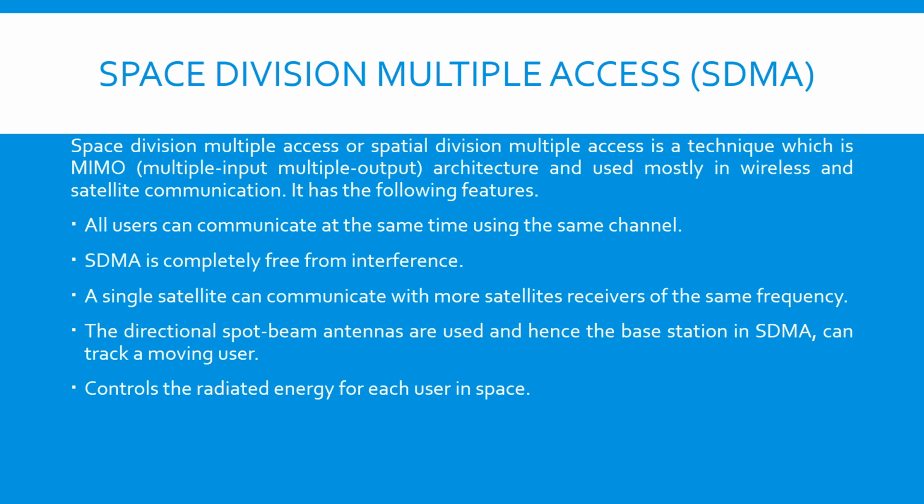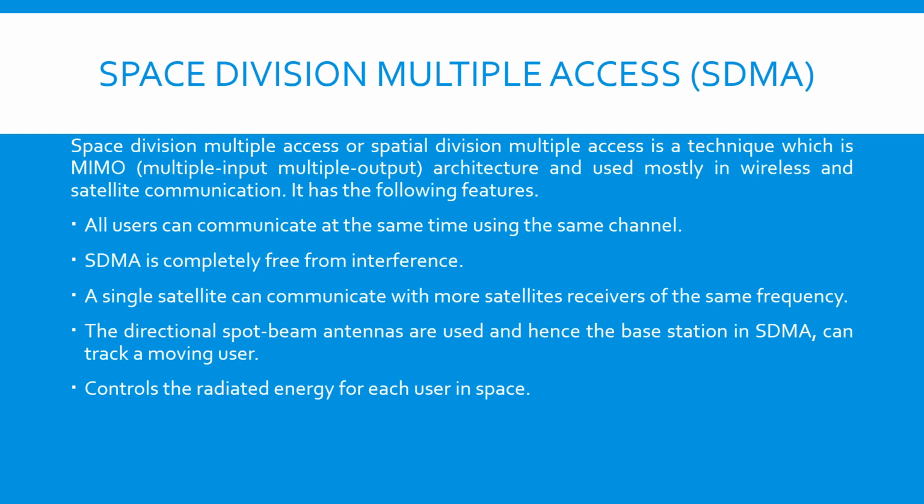So a single satellite can communicate with different satellites with the help of this technology. Directional spot beam antennas are used, and hence the base station in SDMA can track a moving user.